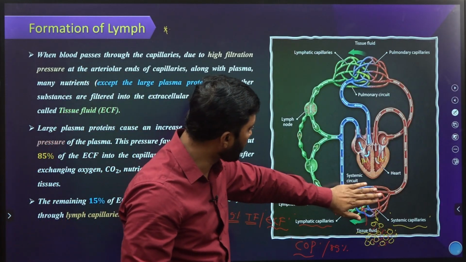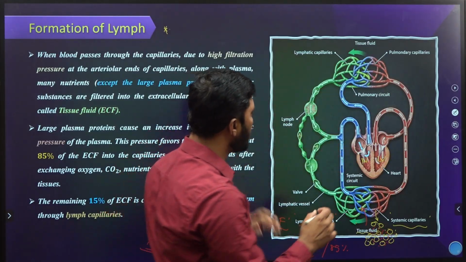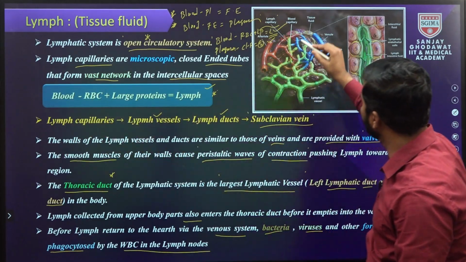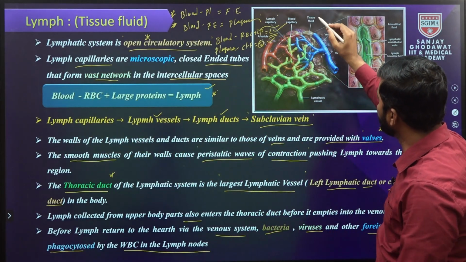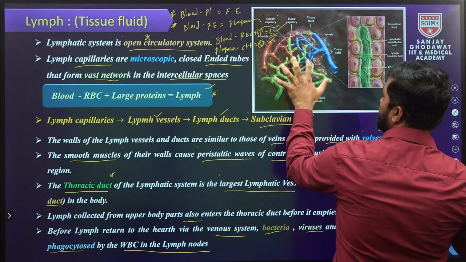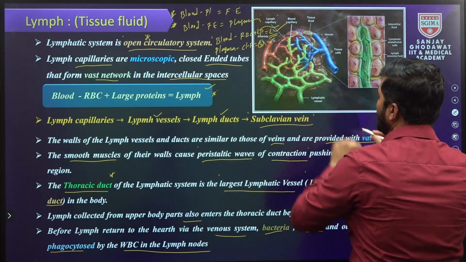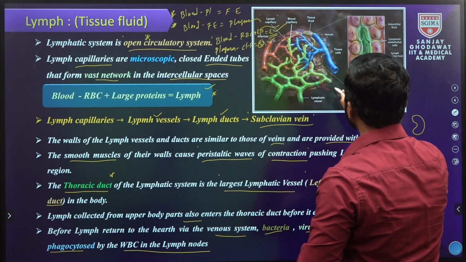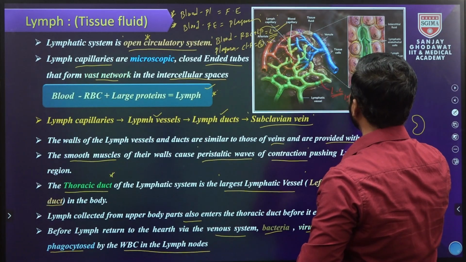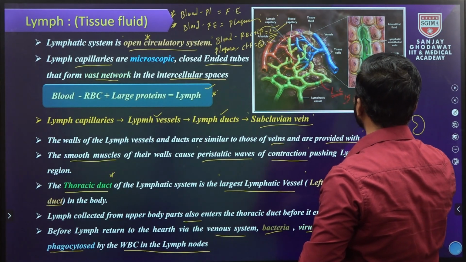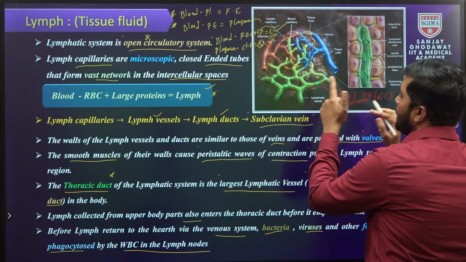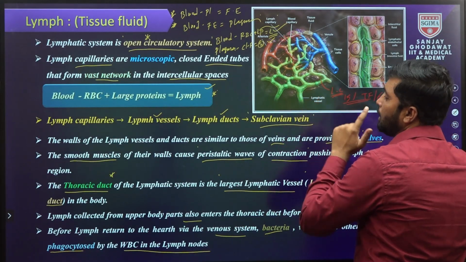Now, the movement of the lymph. We have already discussed this. In the tissues there are arterial and venous capillaries, and these are the lymph capillaries. Lymph capillaries capture about 15% of the tissue fluids, that is the ECF. Once the ECF enters the lymphatic system, it is called lymph.